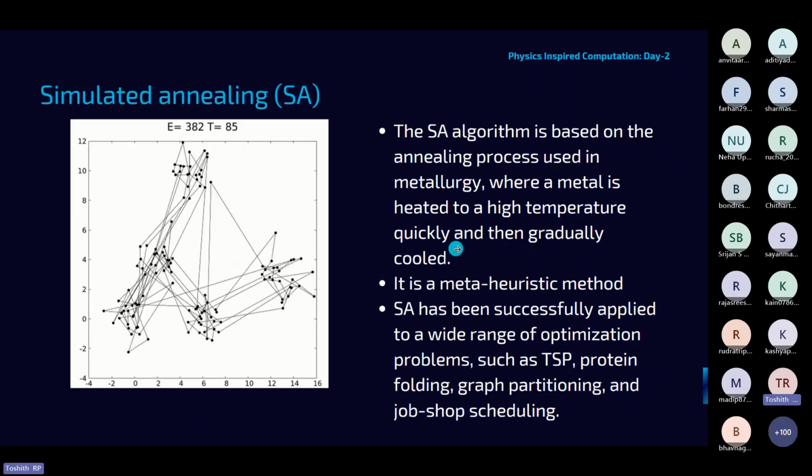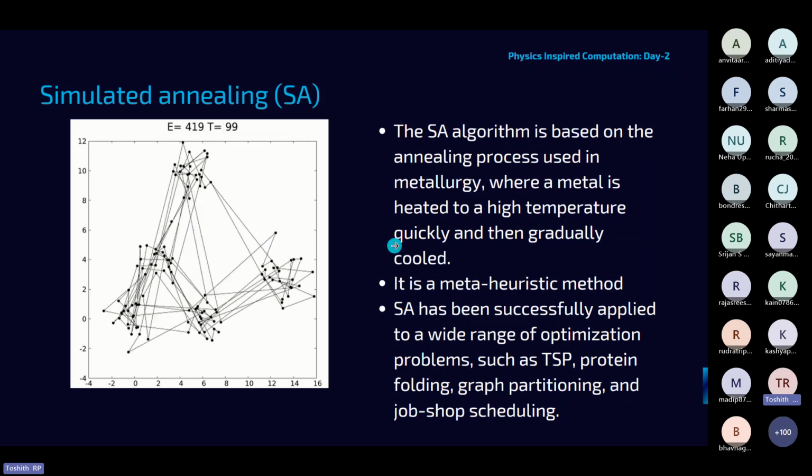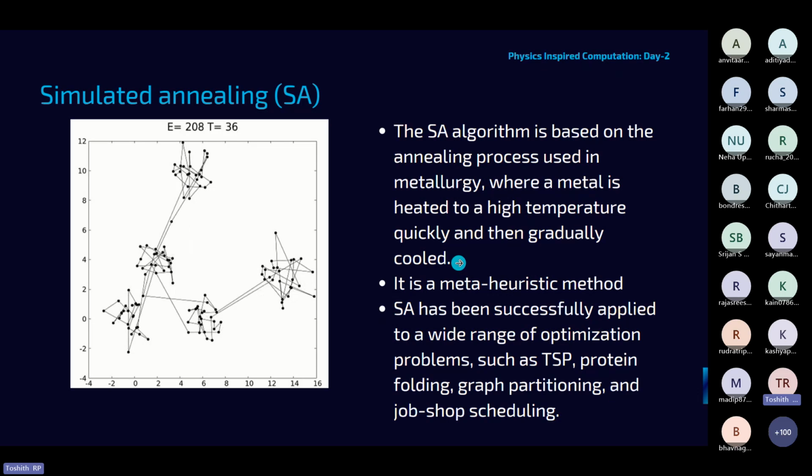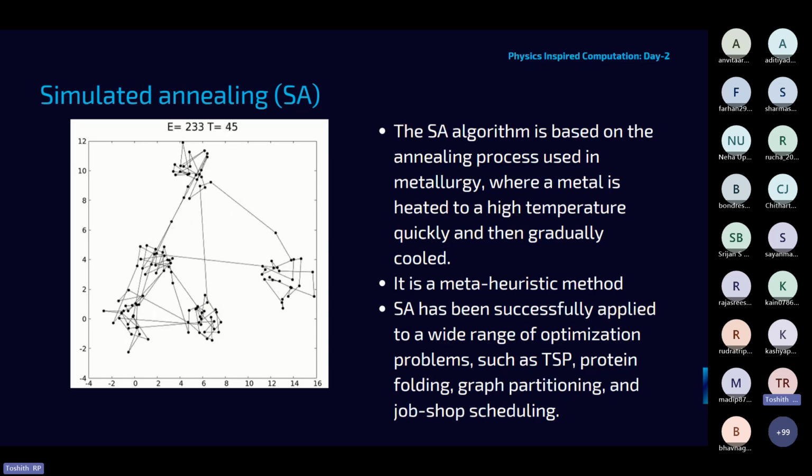It simulates the annealing process, where a metal is heated to a high temperature and then gradually cooled. Initially, at a higher temperature, the atoms have more energy and move around with high velocity. As the temperature cools down, they quickly settle and form an orderly structure.